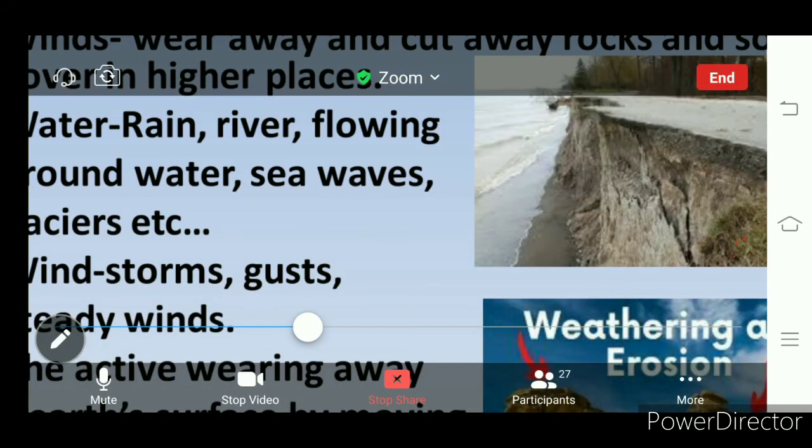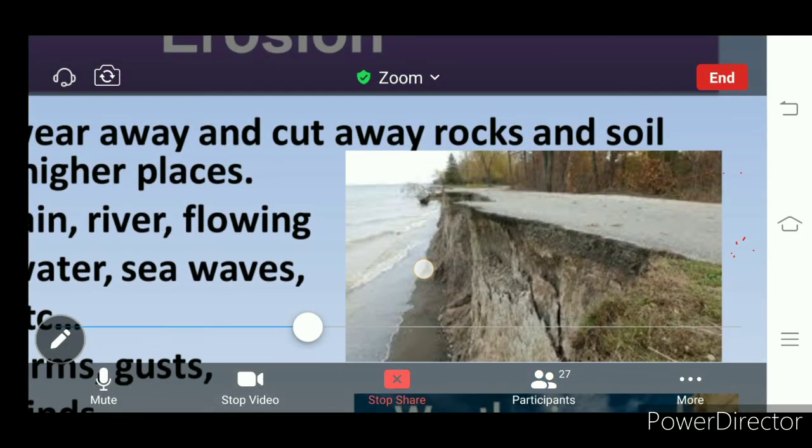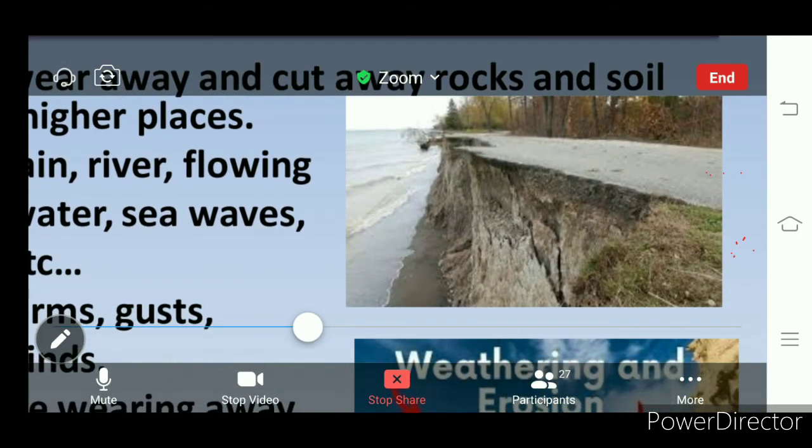Look at the figure shown here. What do you see here? There is a hilly section that is eroded, right? And it is near the seashore, right or not?